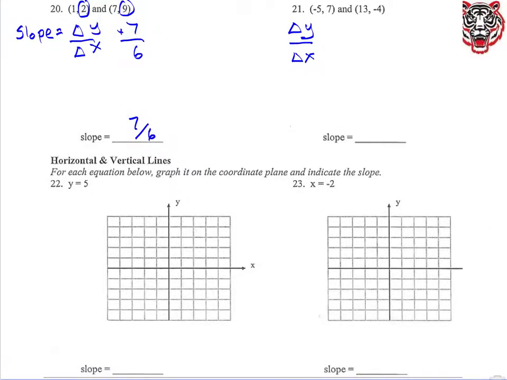The next question is the x's. I start at 1. How do I get to 7? I added 6. So that's where the 6 came from. And then 7 over 6 is the answer.